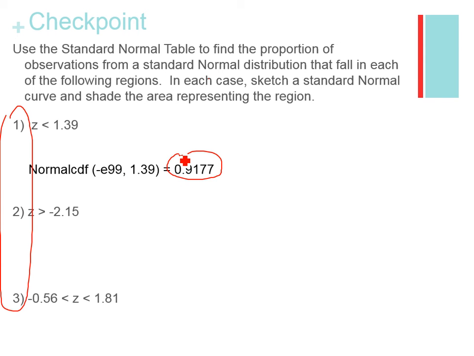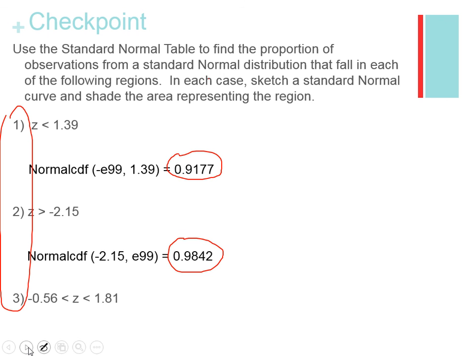So the area under the normal curve that's below a z-score of 1.39 is approximately 91.8%. For part 2, what's the area under the normal curve that's greater than a z-score of negative 2.15? I would do the normal CDF from negative 2.15 to positive infinity, and that's where the 0.9842 comes from.